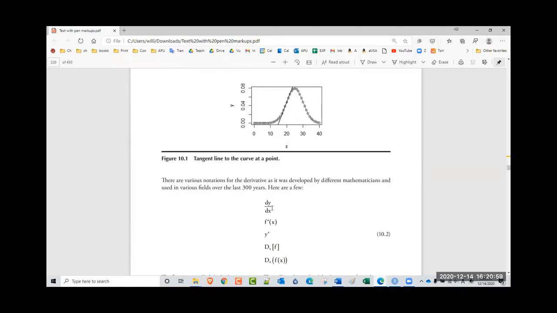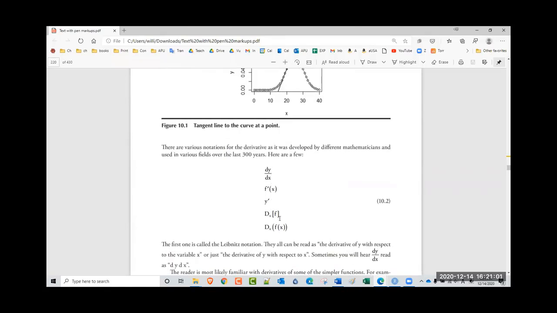There are so many different notations for the derivative because the derivative is such an important thing, and different people have used different notations for it, but they're all the same thing. They're just different notations. We can write it like this, like this, like that, like this, and like this.